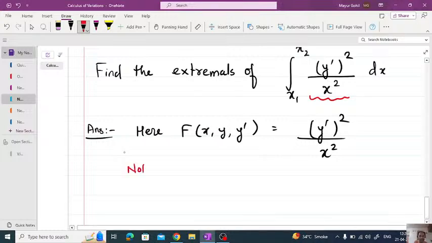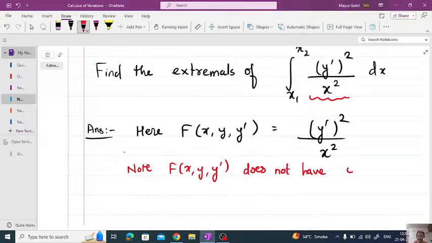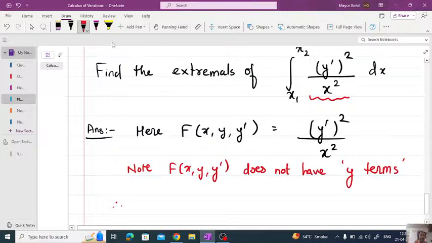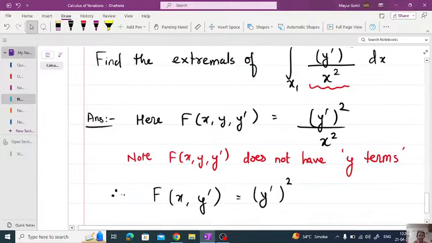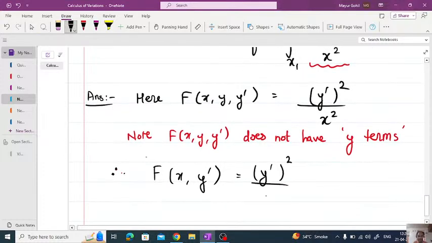Note here that the function f of x comma y dash does not have y terms. Therefore, this can now be written as f of x comma y dash equals y dash square divided by x square, right?